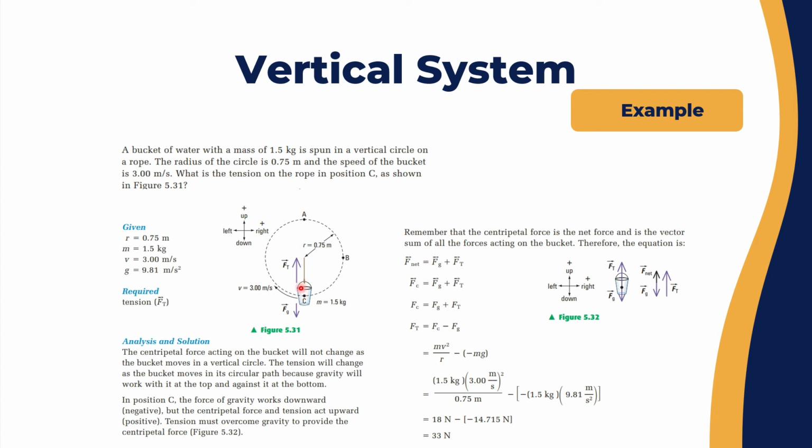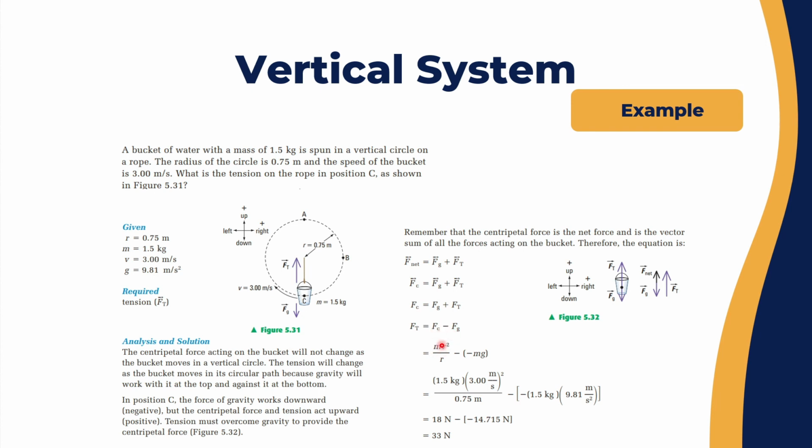What is the tension? What is the Ft? Do a free body diagram analysis. We have F tension upwards, F gravitation downwards. In this case, we have the F net equal to F gravitation plus F tension, and F net is represented as, in this case, F centripetal equals F gravitation plus F tension. And F tension would be F centripetal minus the F gravitation.